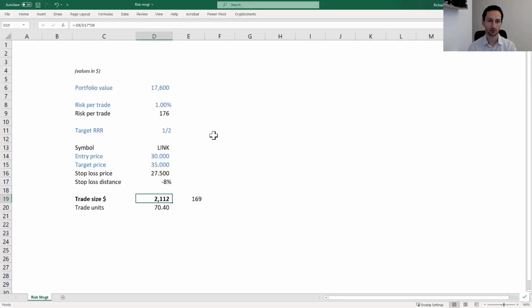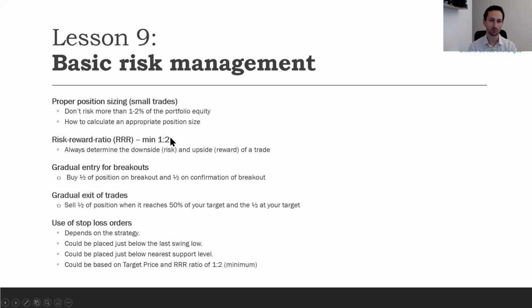But in order to do that, you do have to determine upfront what you think is your target price or upside level, and therefore that will determine your stop loss price. The other important tool is around the risk reward ratio.